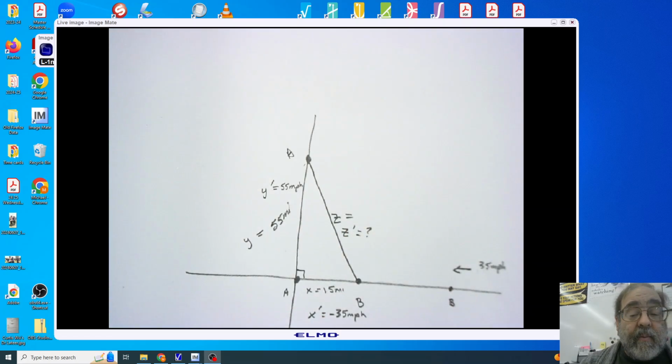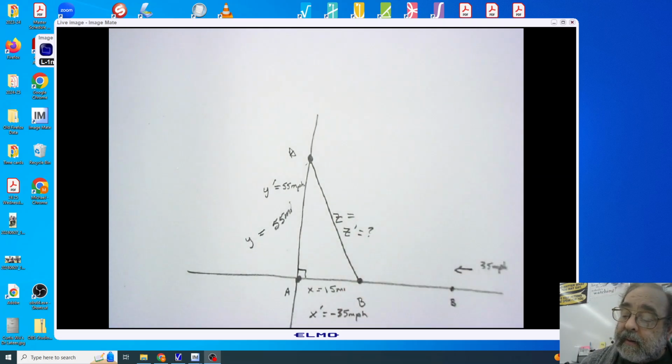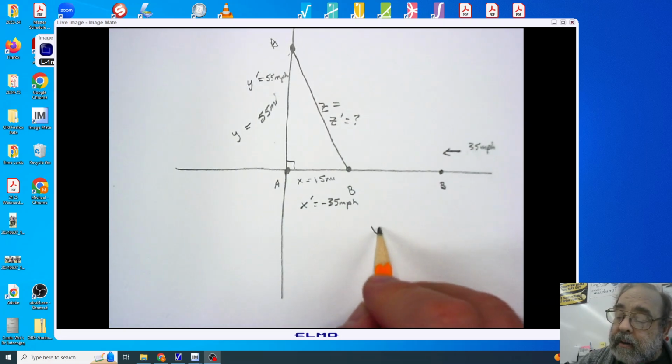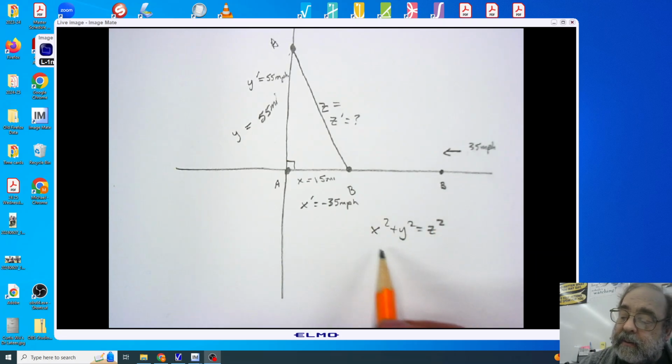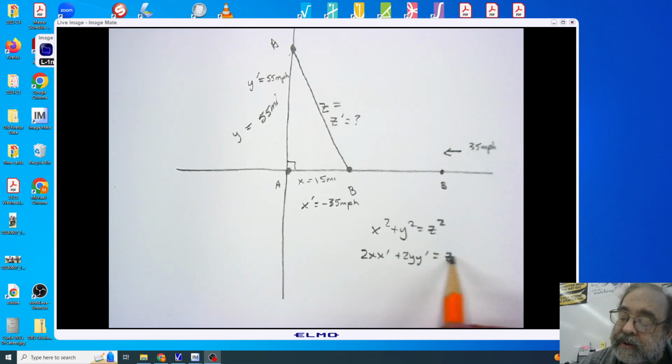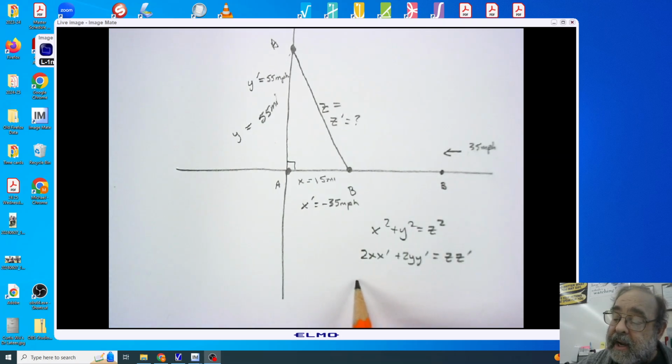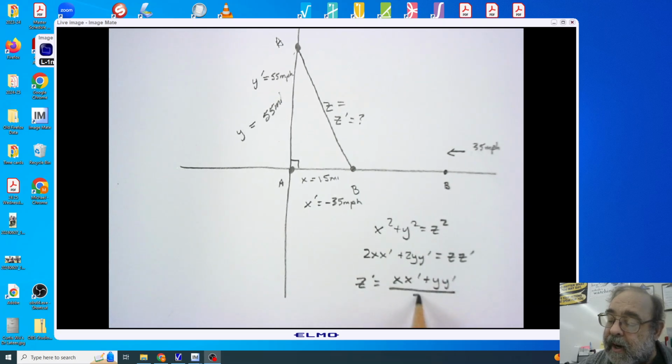So using the Pythagorean theorem, we have x squared plus y squared equals z squared. And that gives me 2x x prime plus 2y y prime equals 2z z prime. And therefore my z prime, which is my ultimate goal, is going to be x x prime plus y y prime divided by z.